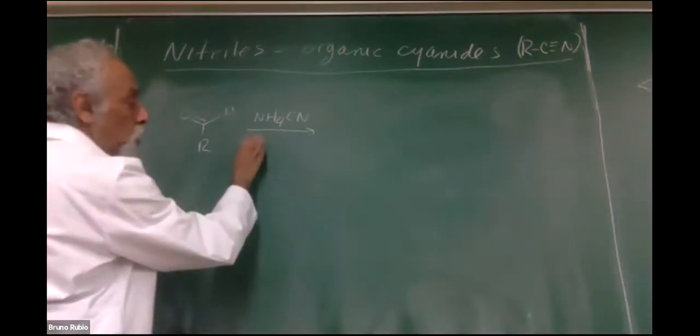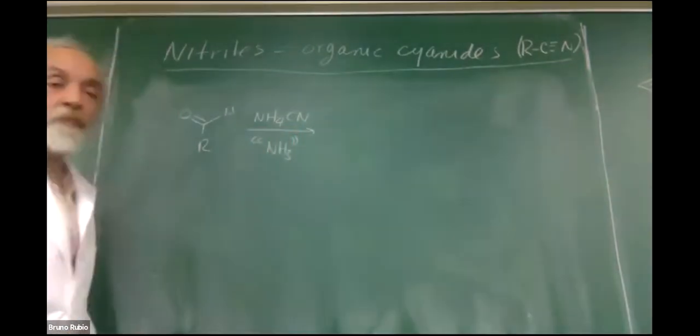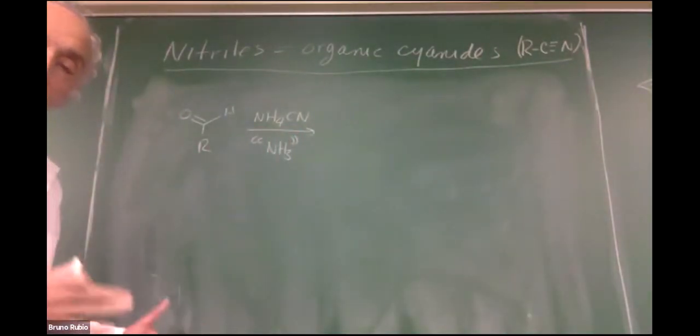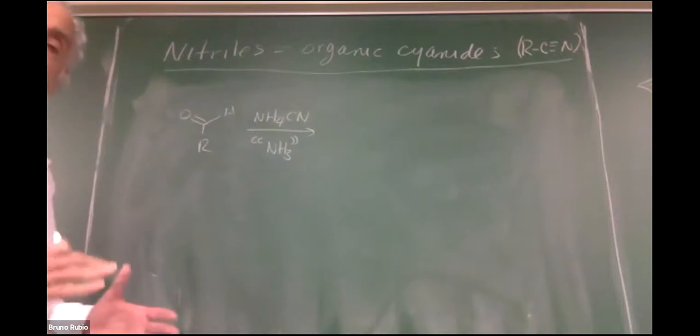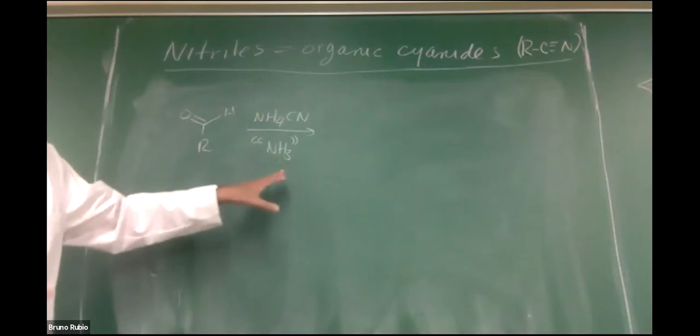So down here in quotes, I'm going to put NH3. And what I mean by that is that we just talked about how a solution of ammonium cyanide produces some NH3.